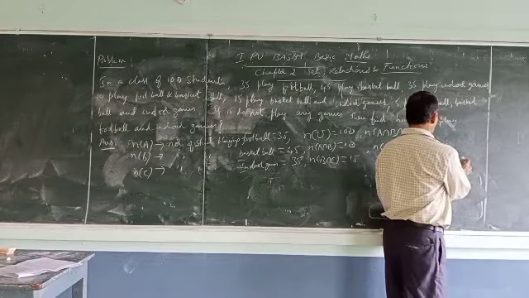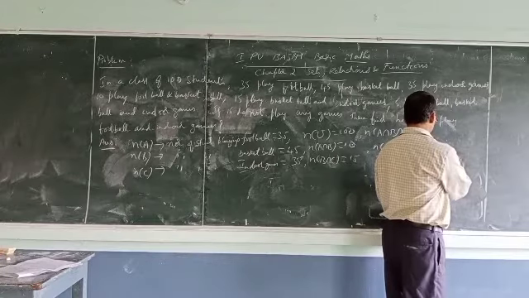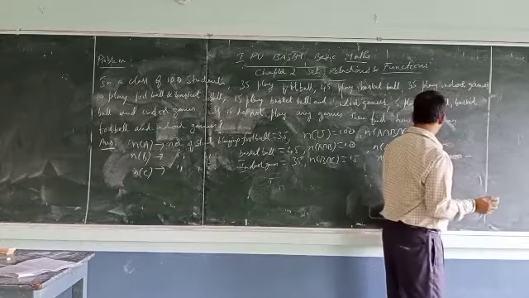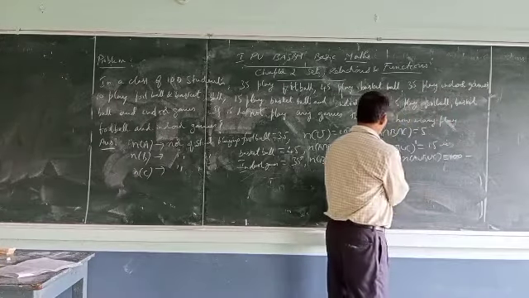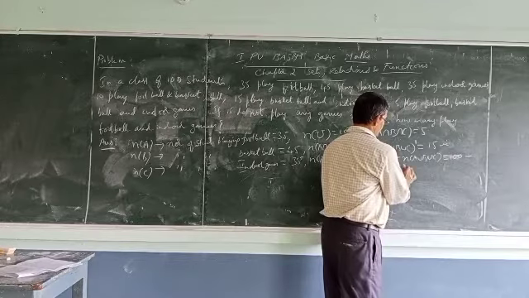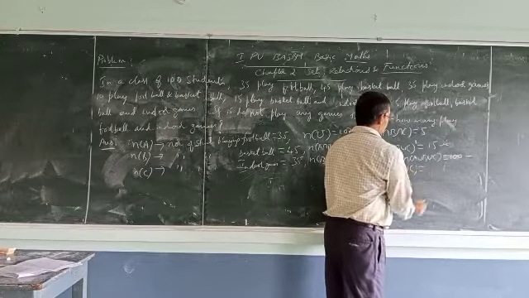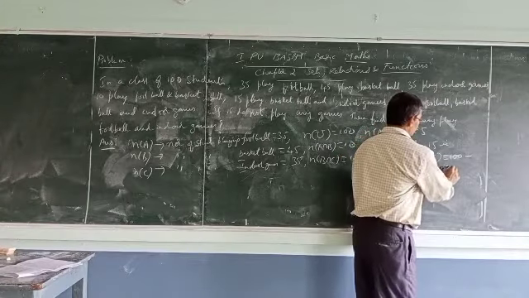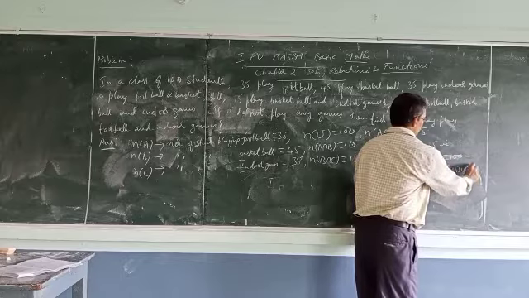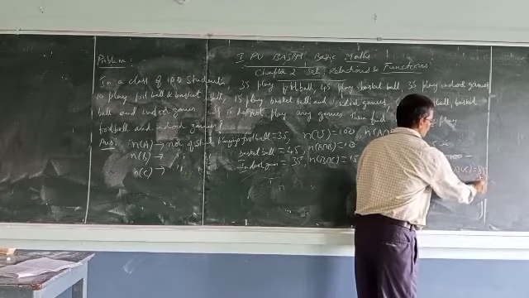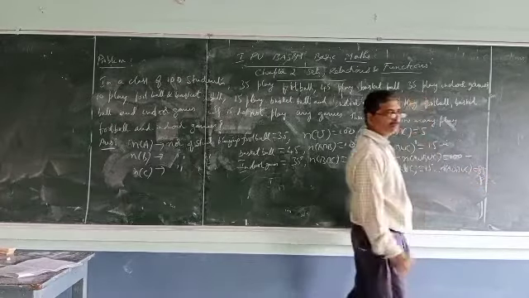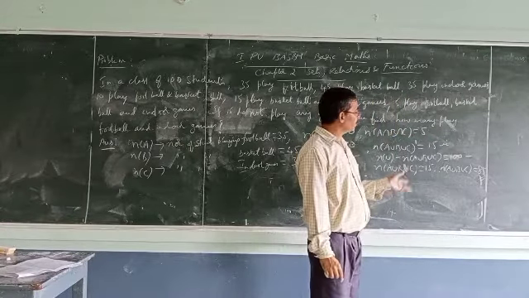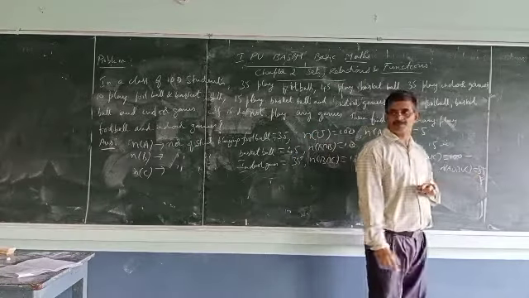So 100 minus N of A union B union C equals 15. Therefore N of A union B union C equals 85. Since 15 don't play, 85 students play any one of the three.